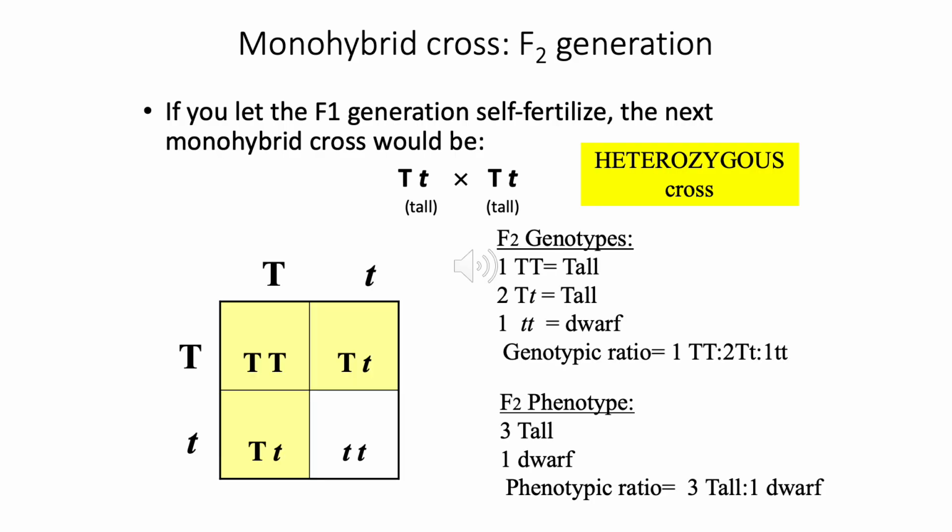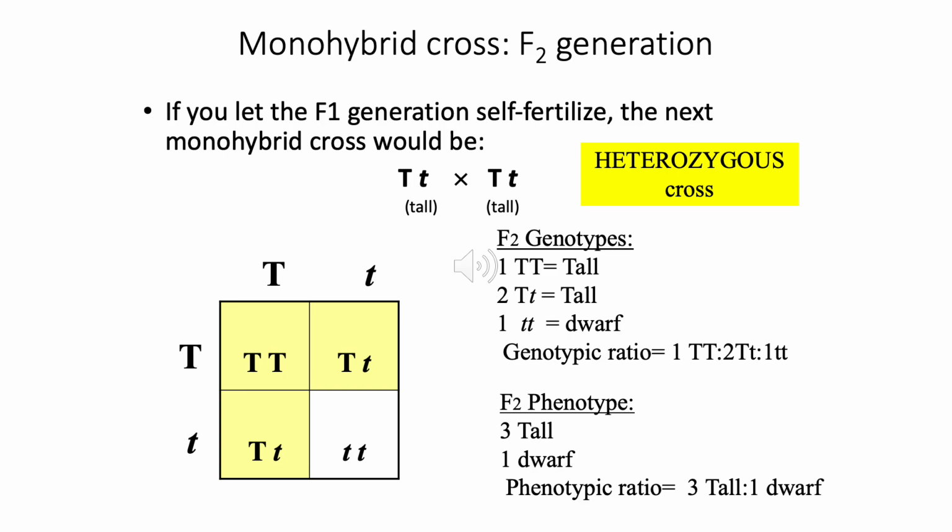For the F2 generation, just assume that we continue from the F1 generation. So we assume that the F1 generation is self-fertilized. The next monohybrid cross would be the crossing between heterozygous parents. This cross will produce an F2 genotype that is one homozygous dominant tall, two heterozygous tall, and one homozygous recessive dwarf.